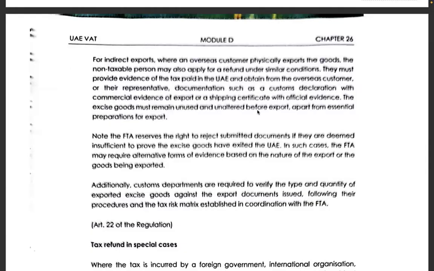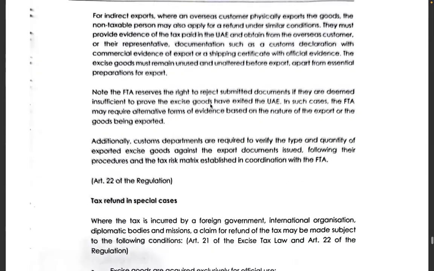For indirect exports, where an overseas customer physically exports the goods, the non-taxable person may also apply for a refund under similar conditions. They must provide evidence of the tax paid. So basically either commercial or official evidence.